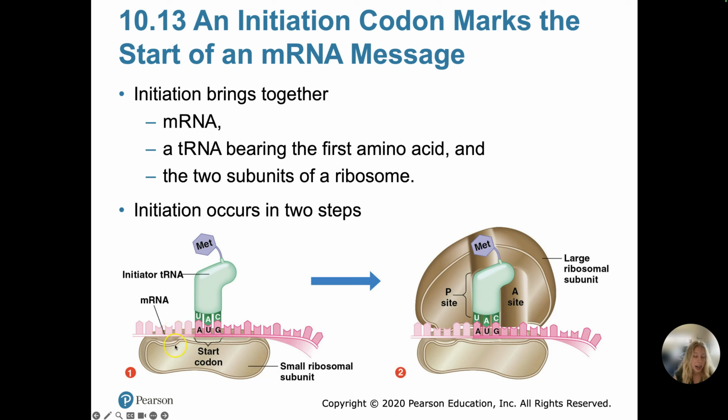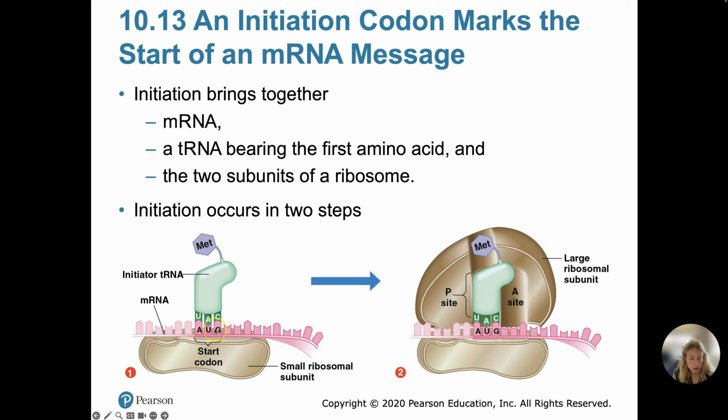The mRNA has bound to the small subunit, and then the actual genetic sequence, the codons, start with the dark pink. So mRNA has bound to the small ribosomal subunit, and then the initiator tRNA, which carries methionine as the amino acid, has bound to the start codon in the mRNA.